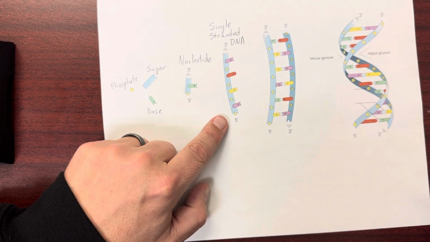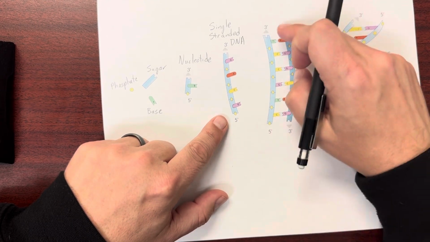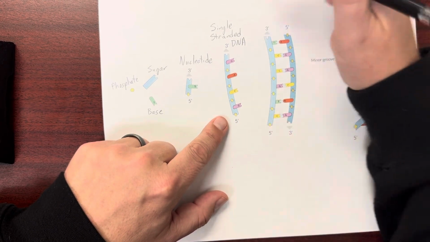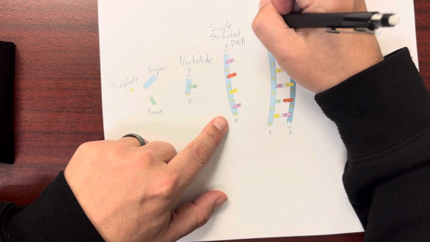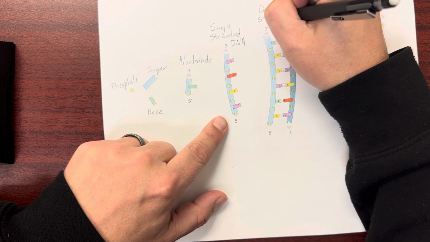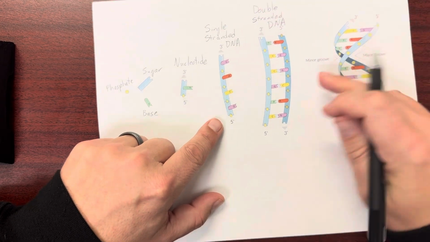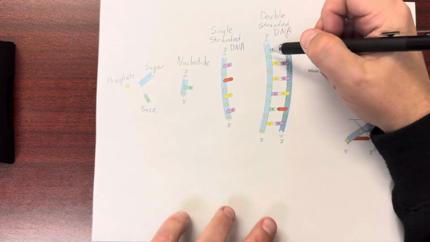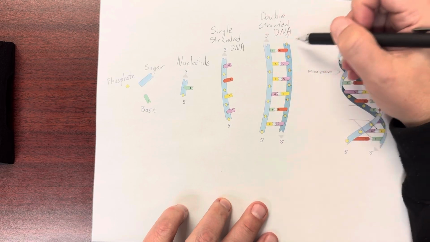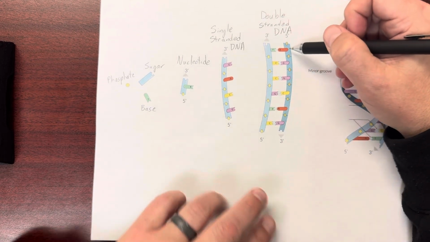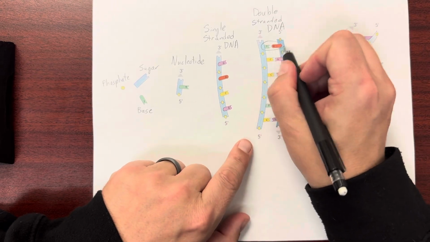But most of the time when we find DNA in our cells, it's going to be like this here, where there's two of those strands. So this is a double-stranded DNA. And you'll notice that the sugar and the phosphate that run down each side here are not bonding across. The bonds come between the bases, right?